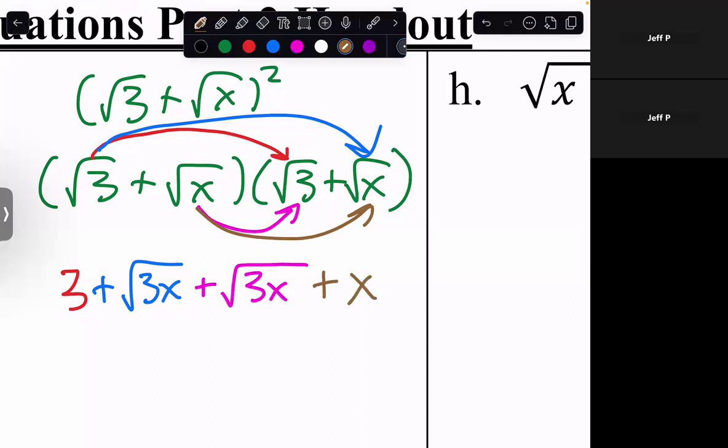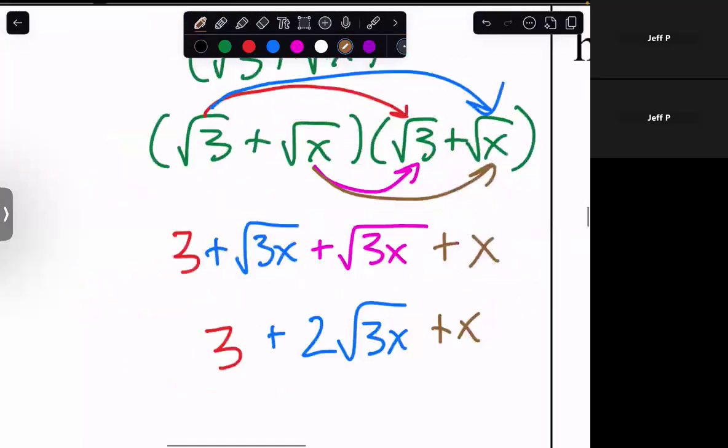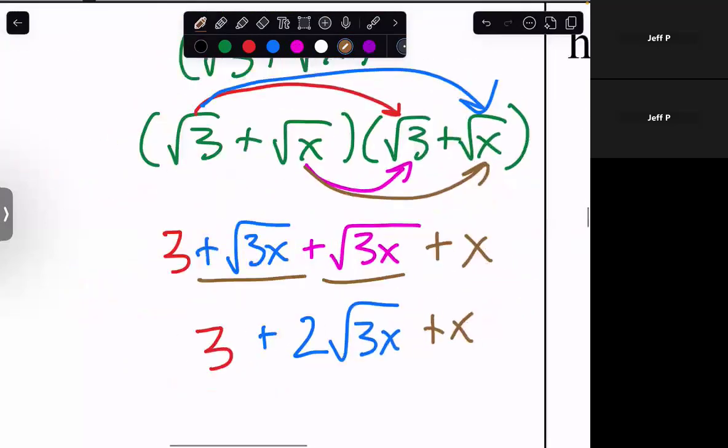Now we can combine these middle two terms. They are both plus invisible 1 radical 3x. So we can combine those to 2 radical 3x. Again, there's 2 of these terms from earlier.